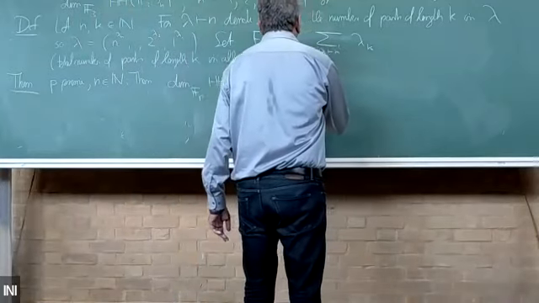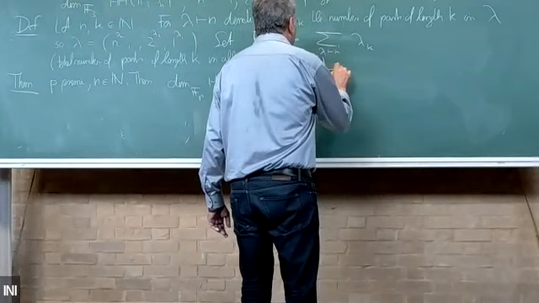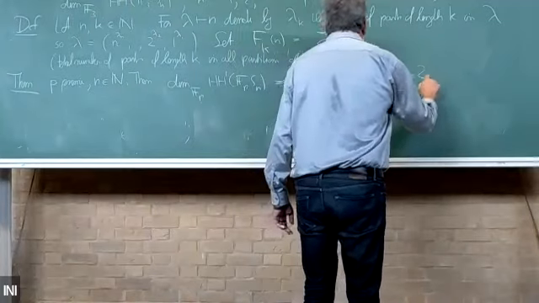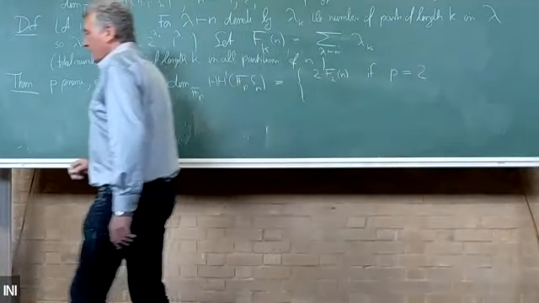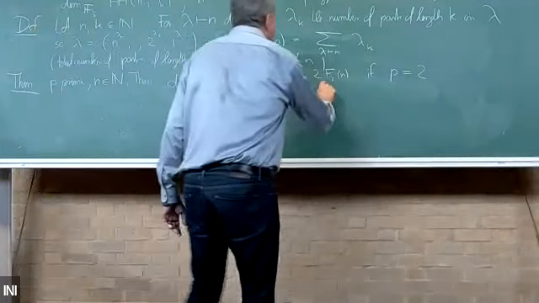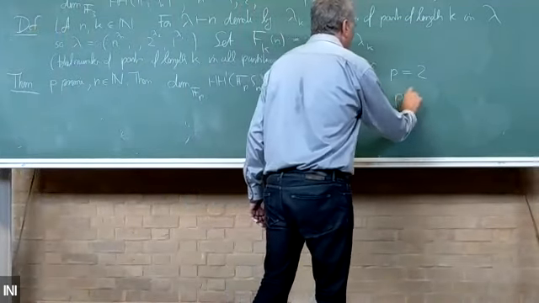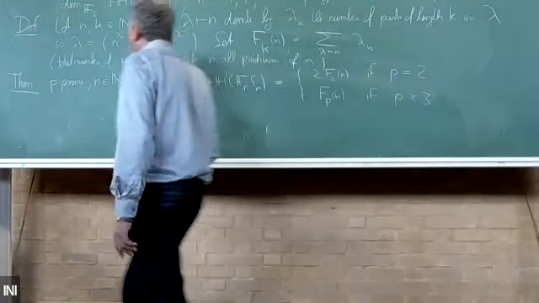For p equal to 2, we get 2 times f sub 1 of n. And we get simply f sub p of n for p odd.